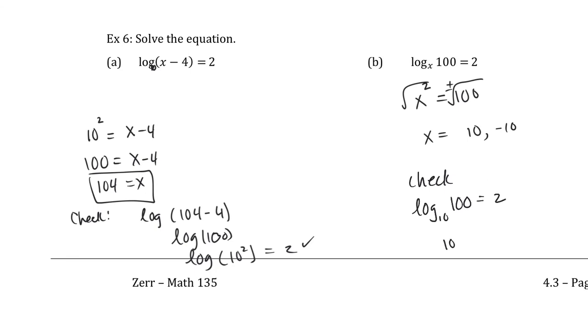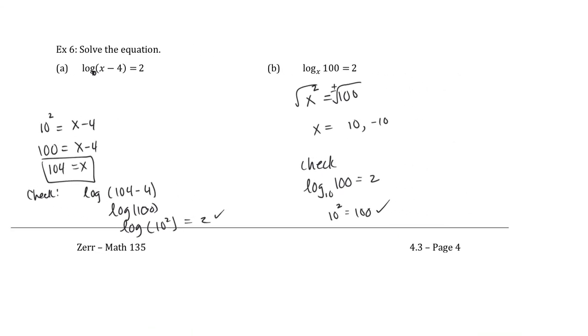That works, right? 10 squared is equal to 100. So that one works. But if we tried to have log base negative 10 of 100 equals 2, that does not work because that is not in the domain of logarithms. The base is positive and it's not 1. Okay, so that one does not work. So we only have one solution there.